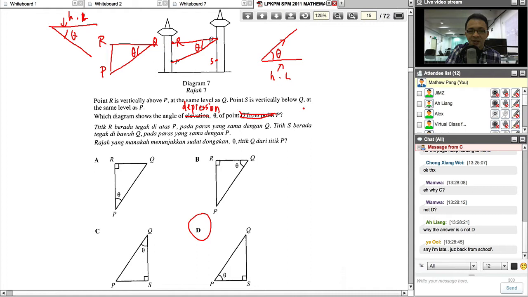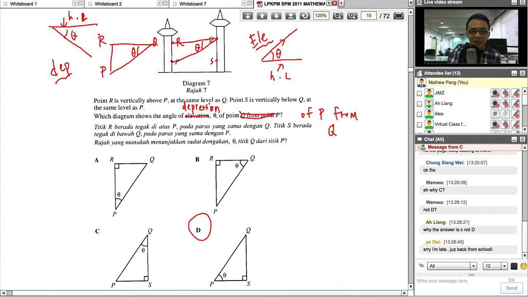Actually this one is the angle of depression of P from Q. Yes, from Q. Alright, so I just want you to understand the difference between elevation and depression.